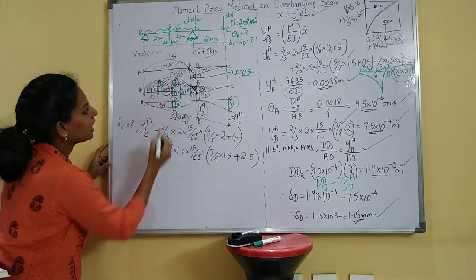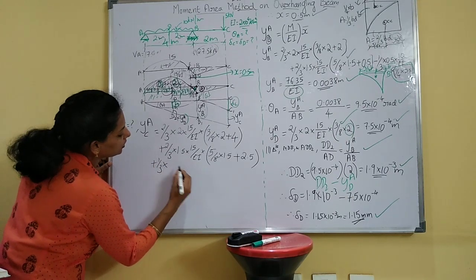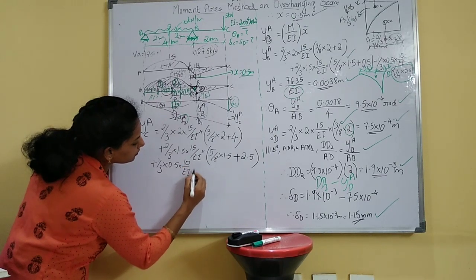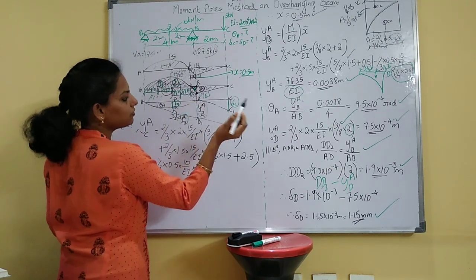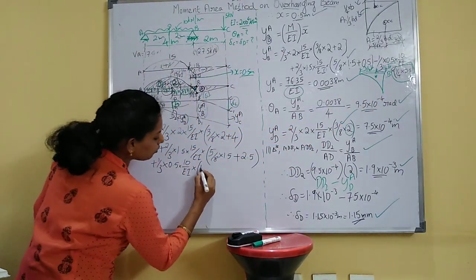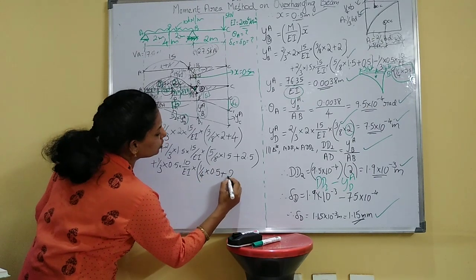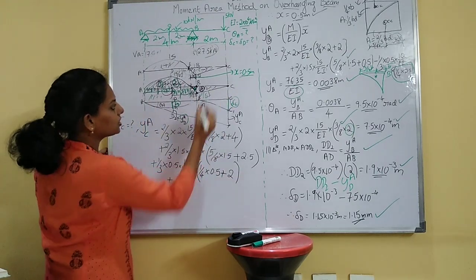Next, you have the smaller one, that will be area is 1/3 of BD. B is 0.5, D is 10 by EI. Here nearer is 1/4 of B. So 1/4 of B is 0.5, plus 2 up to C.